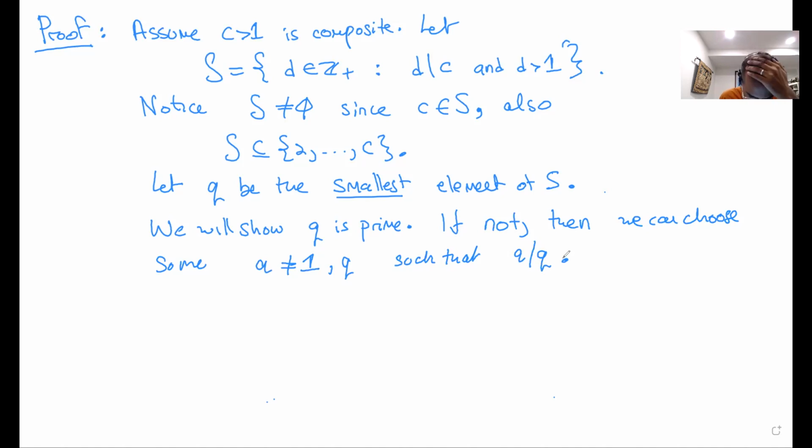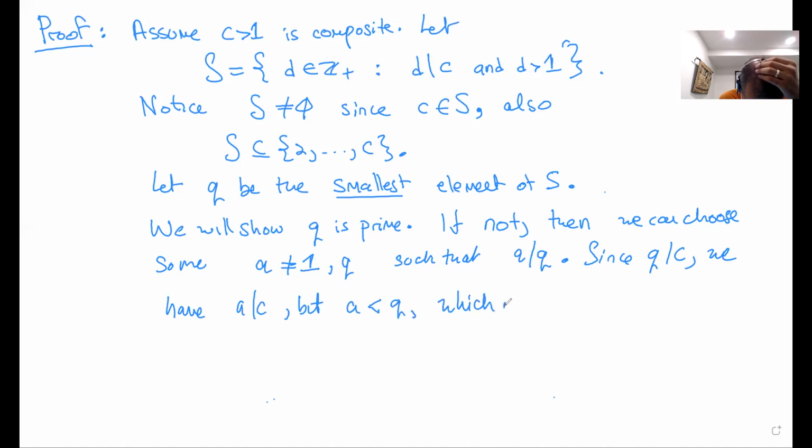And now what's the problem? We have a number smaller than Q which also divides the original number C. So we've created a contradiction. Exactly. Since Q divides C, we have A divides C, but A is strictly smaller than Q, which is a contradiction. So we've proven the lemma. This trick of choosing the smallest element is very useful. It comes up in a lot of different proofs.